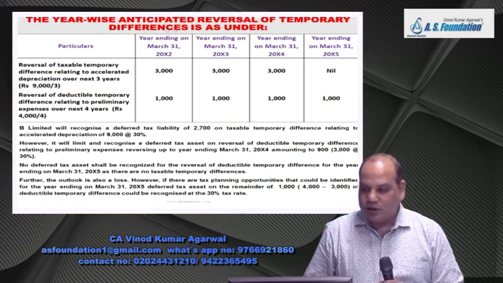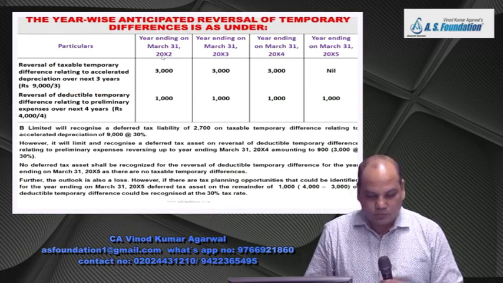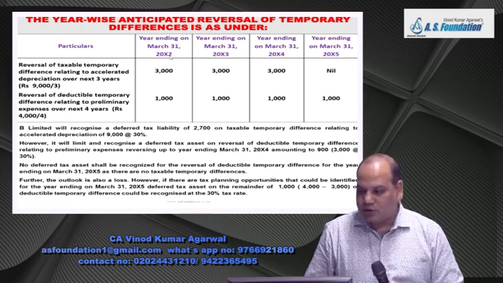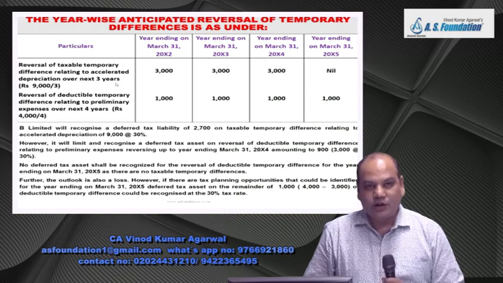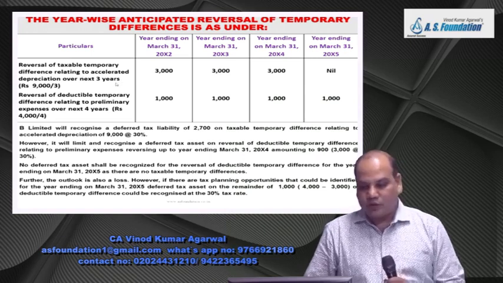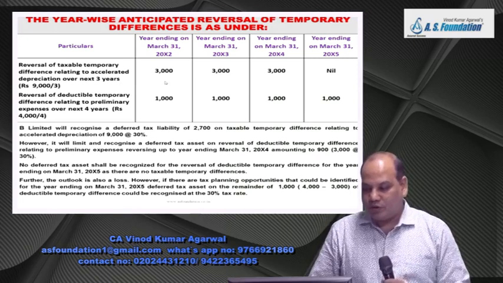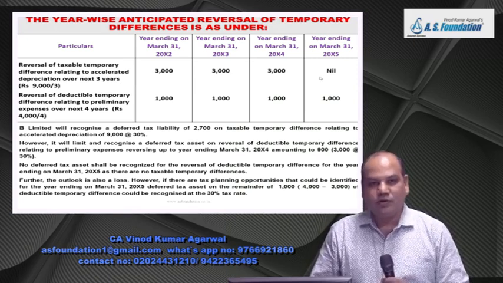So see, the answer is also written in your book. Don't write, understand. The year-wise anticipated reversal of temporary differences is as under. They have written the next 4 years, 31st March 20x2, 3, 4, 5. Reversal of taxable temporary difference related to accelerated depreciation over the next 3 years: 3,000, 3,000, 3,000, 0, because 9,000 divided by 3.